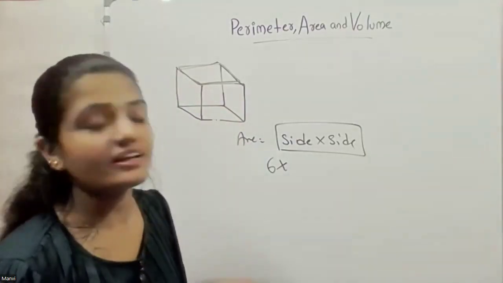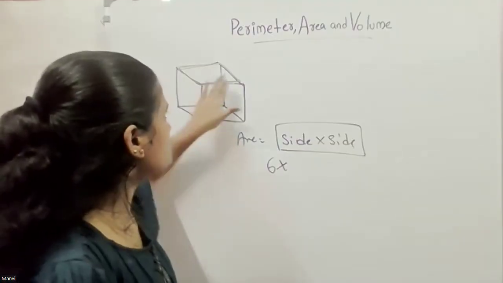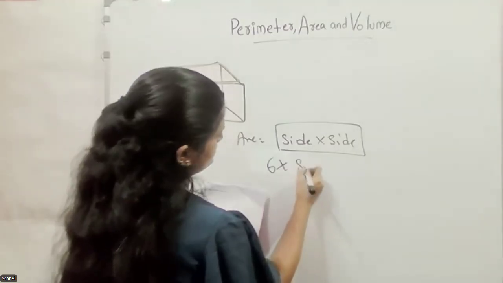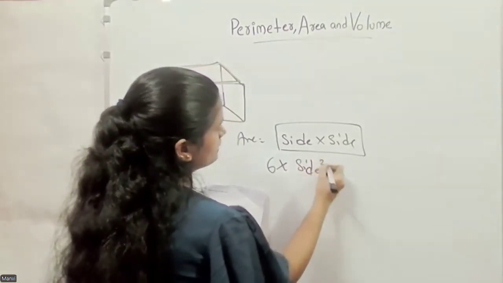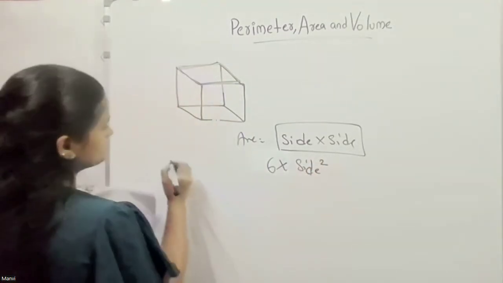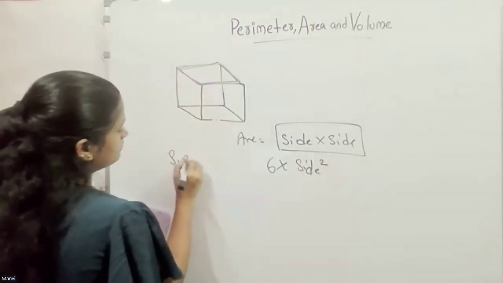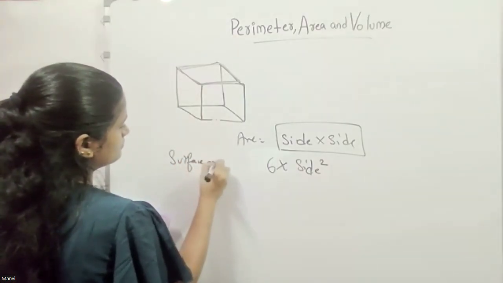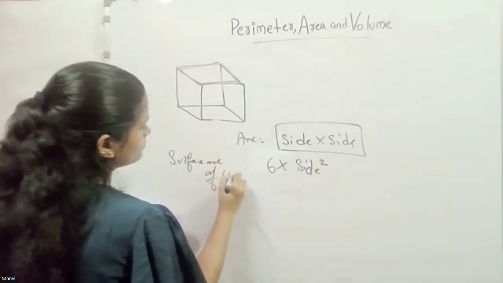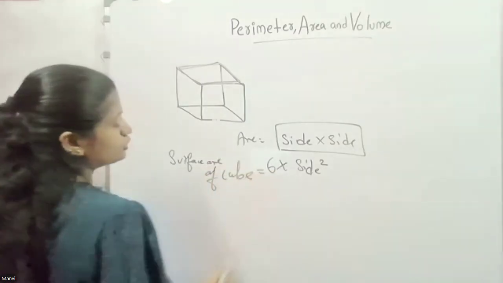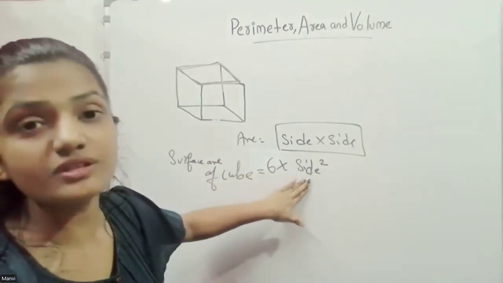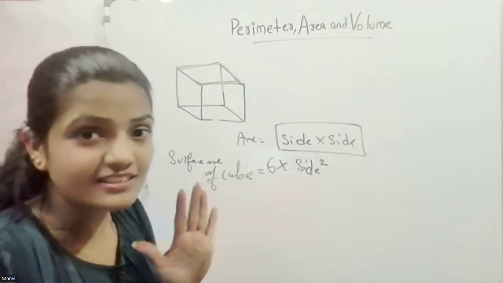So in a simpler way, we can write it as 6 times one area, which is 6 times side square. Total surface area of a cube is 6 times side square. Is it easy?